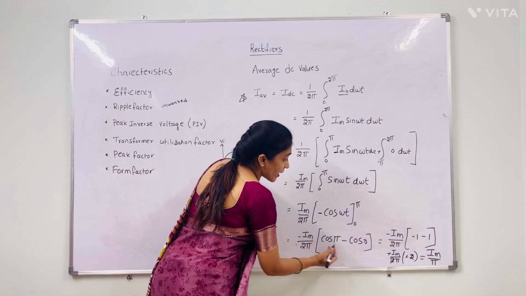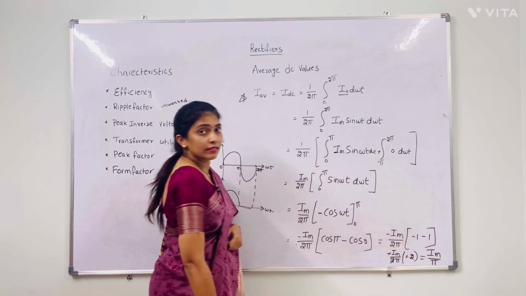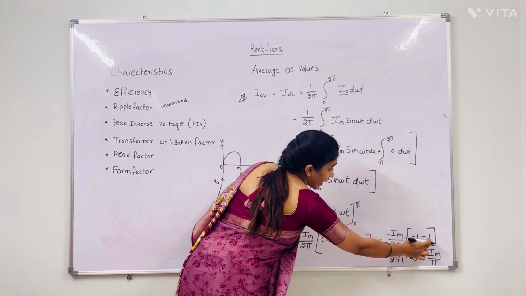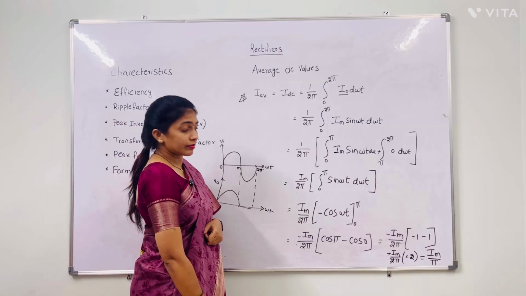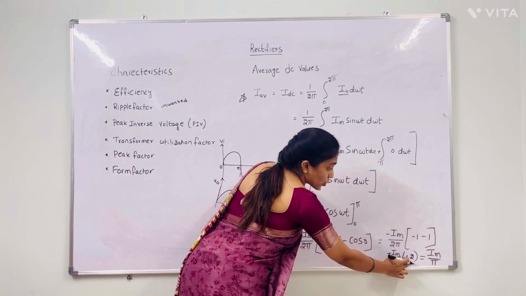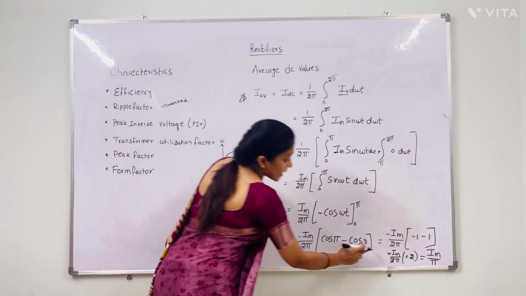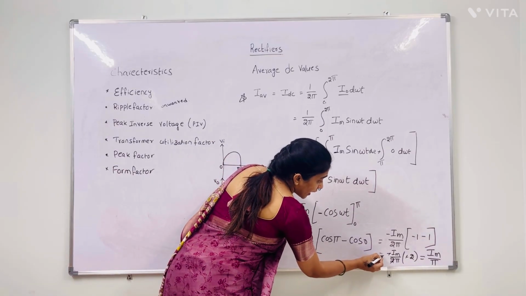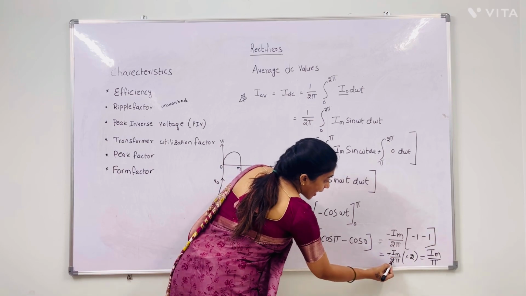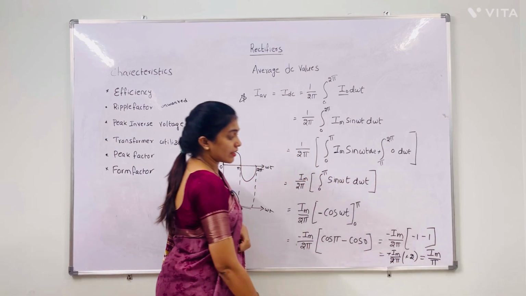Next, cos pi value is minus 1, minus cos 0 value is 1. In the next step, minus 1 minus 1 is minus 2. So minus Im by 2 pi into minus 2. The minus signs give plus and the 2 cancels.